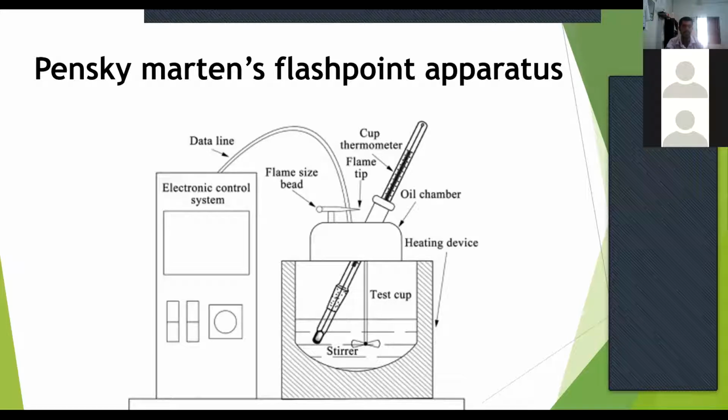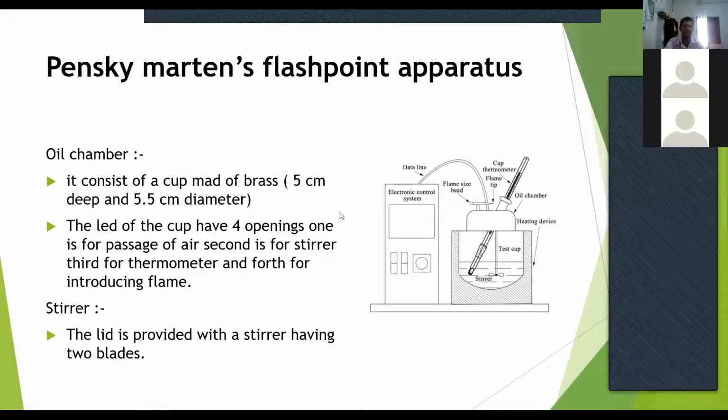According to our practical, we need a sample of diesel, so we have to fill the diesel in the test cup. In other words, we can call it the oil chamber, because we pour the oil into the chamber or oil test cup, right? That is made of brass.